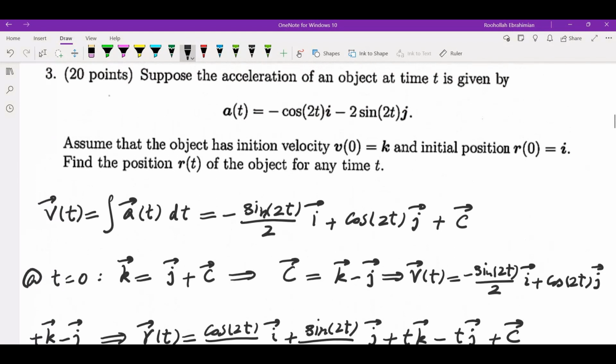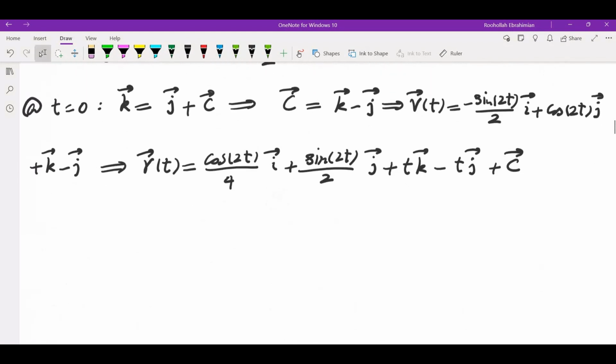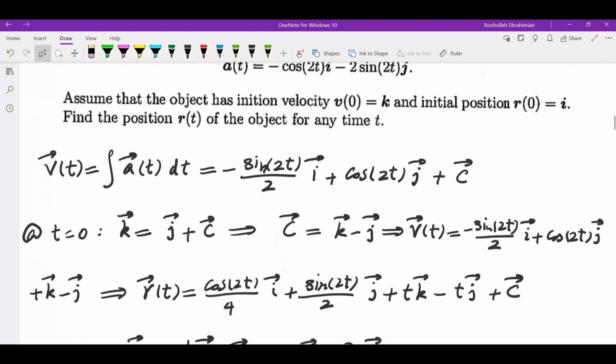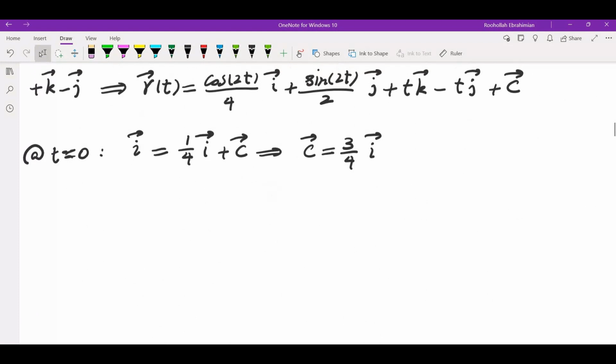Now they also told us that r of 0 is i. So at t equals 0, what are we going to get? We get i equals, when we plug in t equals 0, 1/4 i. Sine of 0 is 0, t is 0, so we get plus c. So that means c is 3/4 i. And the question was asking you to find position. So all we have to do is plug 3/4 i into c.